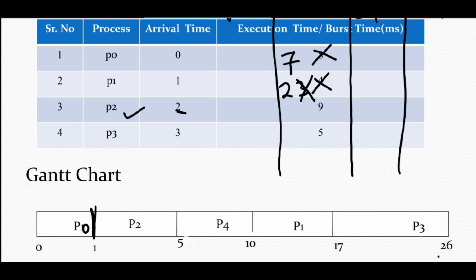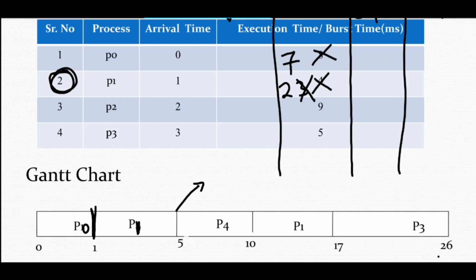So P1 is executed for the whole 4 seconds. 1 plus 4 is equal to 5. Then P1 will be terminated. Okay, P1 terminated. After that we have all our data. After 5 seconds all the processes came in 0, 1, 2, 3. Okay, so our P1 is executed.